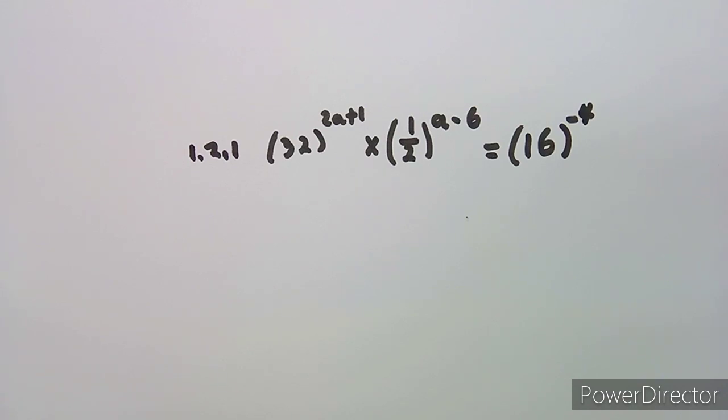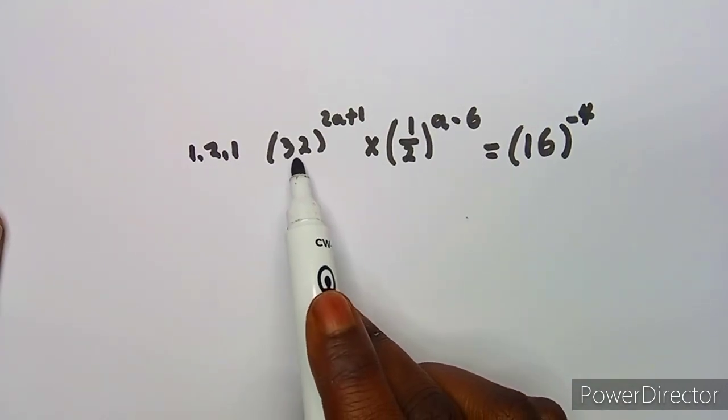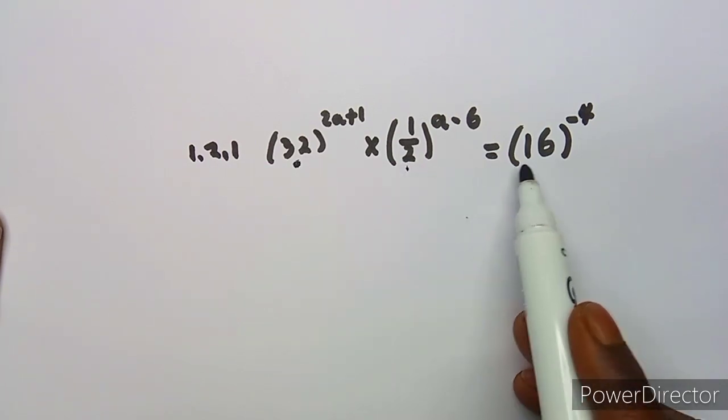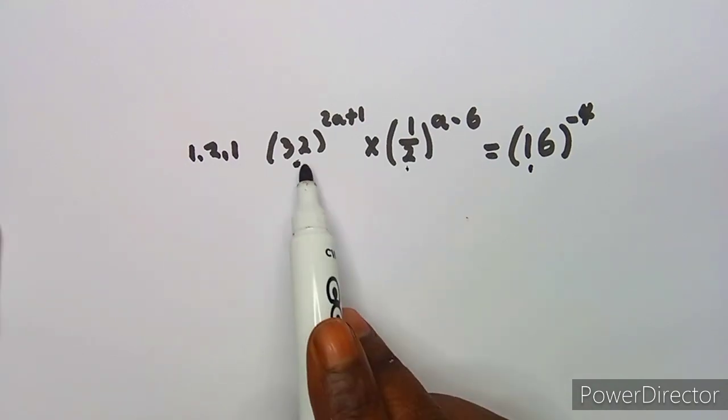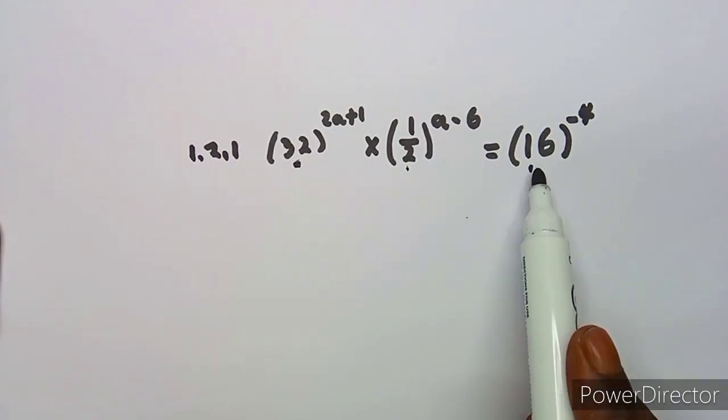All right, so what is best here, guys, is that we can write these numbers in terms of their simplest form. This 32, 1 over 2, 16 in their simplest form. At least we can apply the laws of exponents provided that these bases are the same.